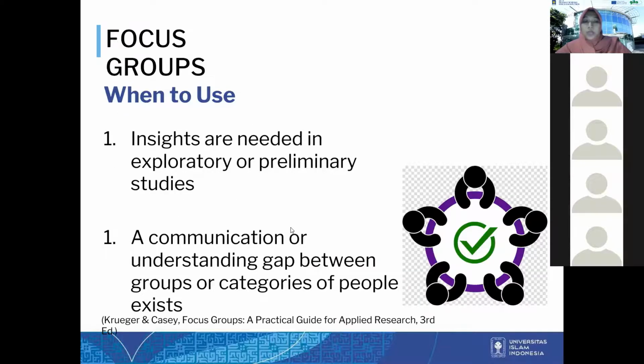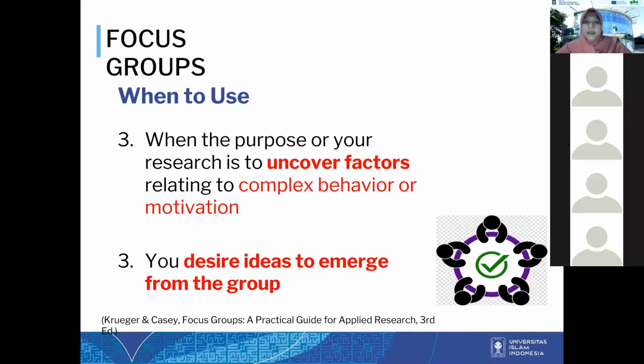Well, this is when to use the focus group: needed in exploratory or preliminary studies, and for understanding the gap between groups and categories of people. The third is to uncover factors, collecting complex behavior and design ideas that emerge from the group.